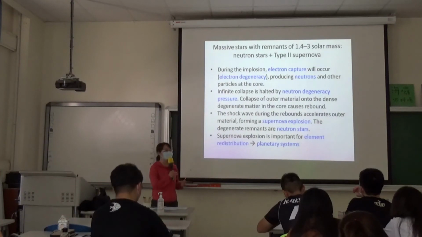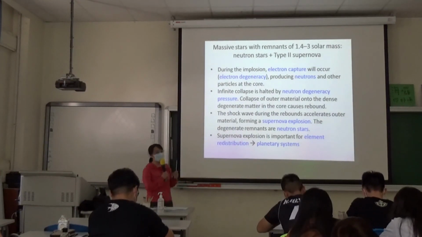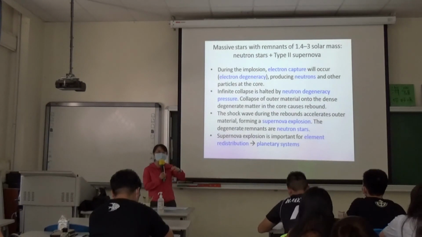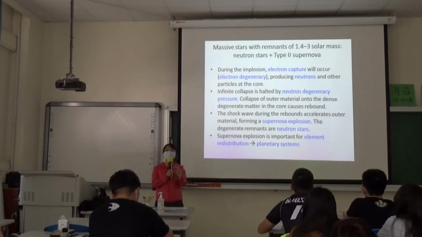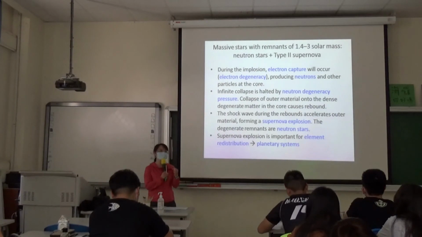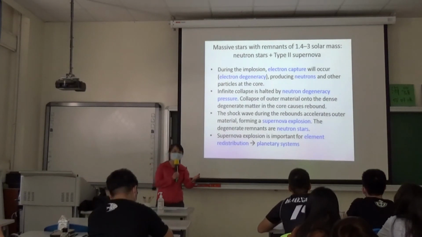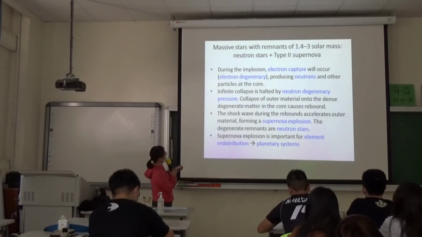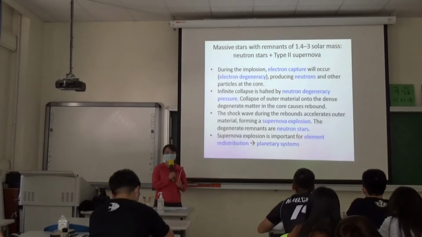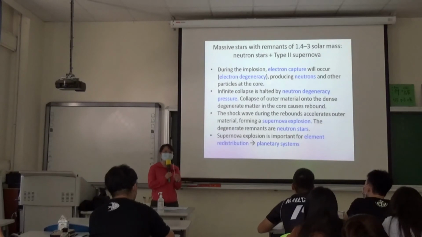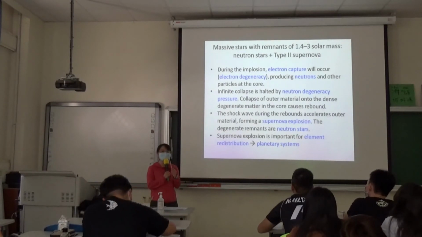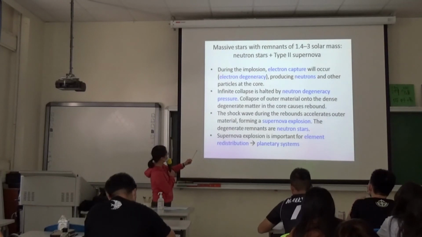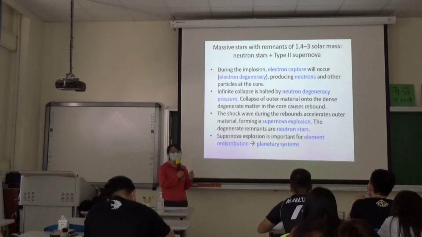In that sense, electrons are forced to enter the nucleus, and the so-called electron capture, as you learned from the first class, will happen. Then it will produce neutrons. So, electron plus proton, e plus p will be n. So it will produce neutrons and other particles at the core.